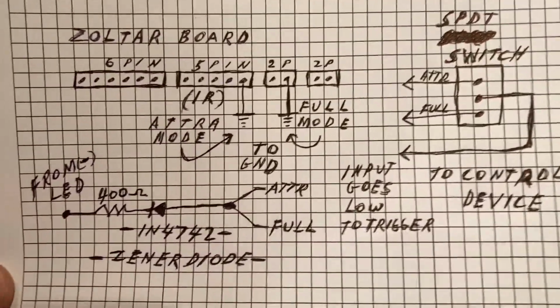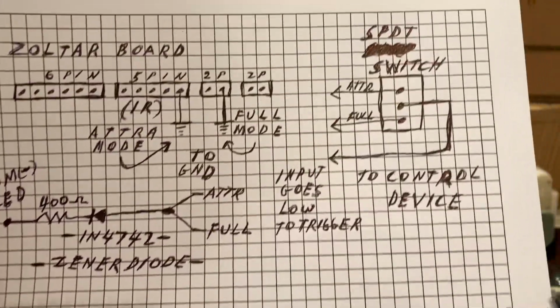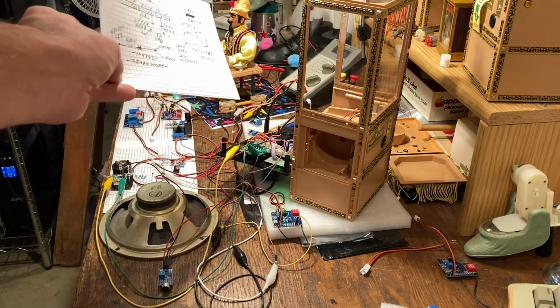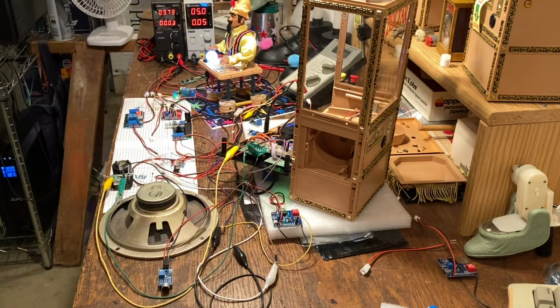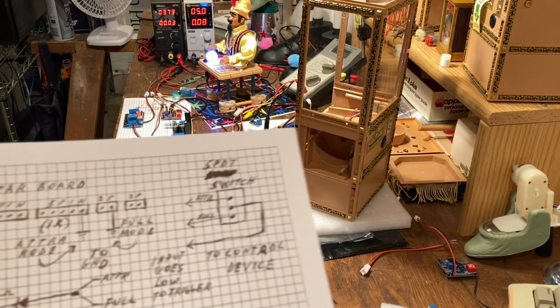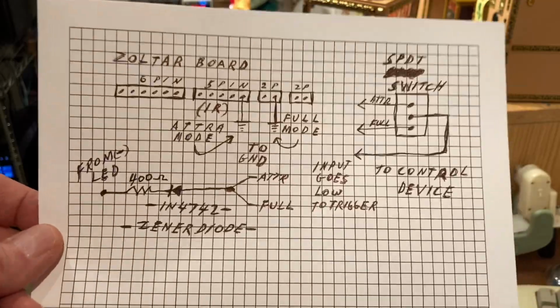Or you can run this both ways. You could have sound input triggering, and you'd have this relay on the main board, and you could trigger anything, lights, whatever that can handle.